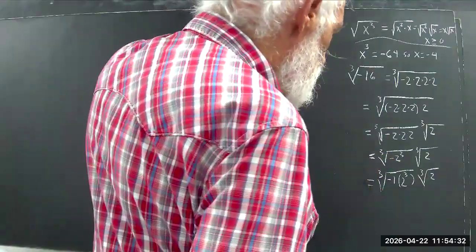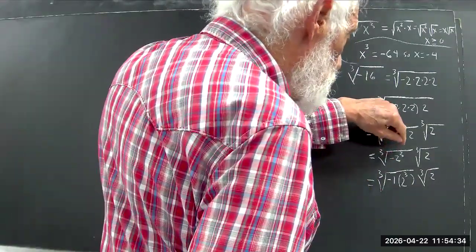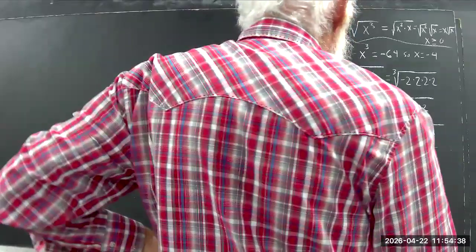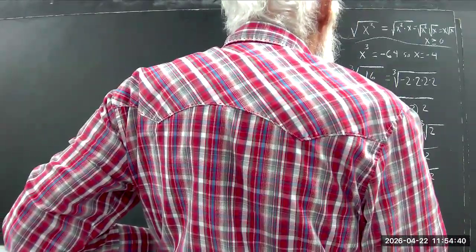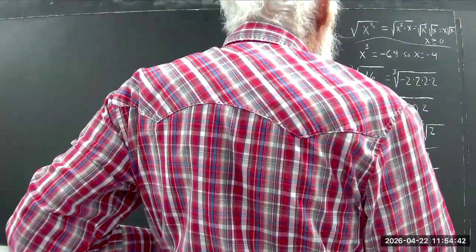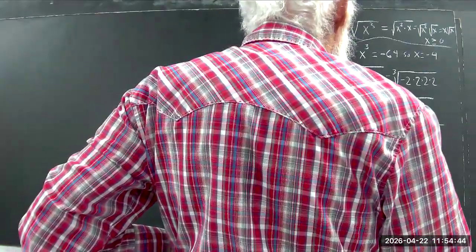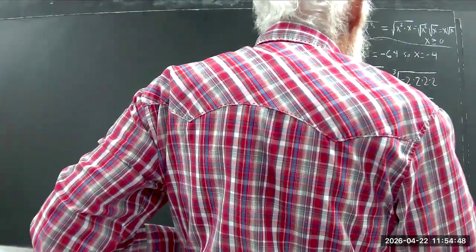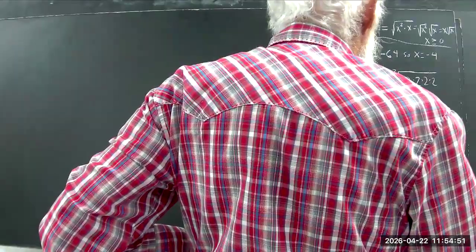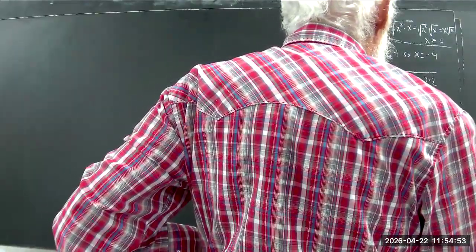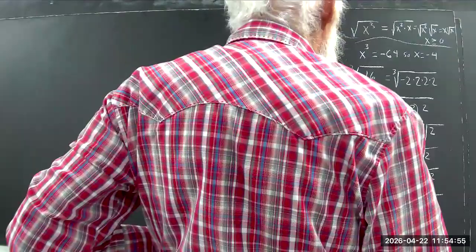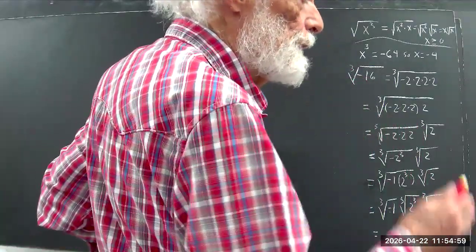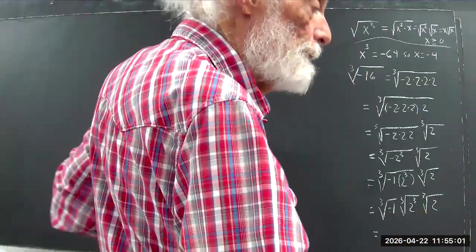We can express negative of 2 cubed as negative 1 times 2 cubed. So we have the cube root of negative 1 times the cube root of 2 cubed times the cube root of 2. And the cube root of negative 1 is negative 1, since negative 1 cubed is negative 1.